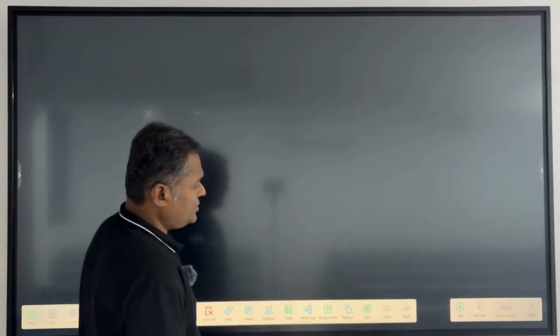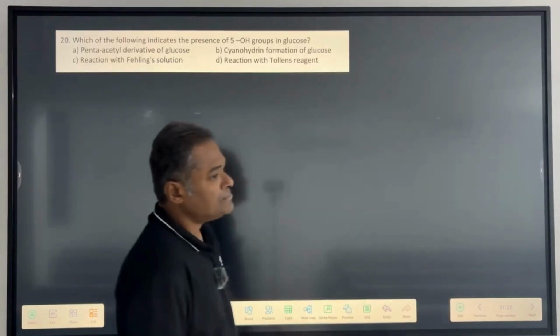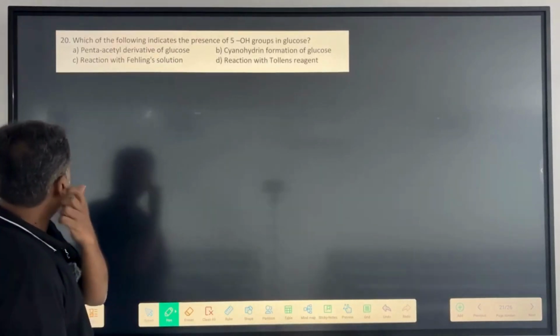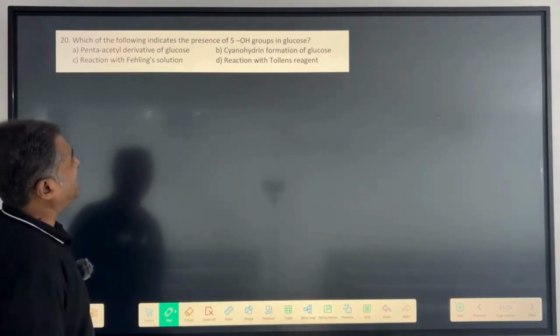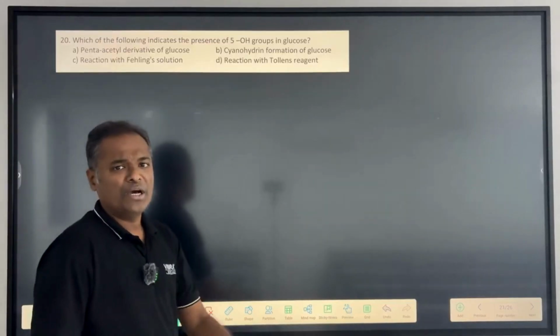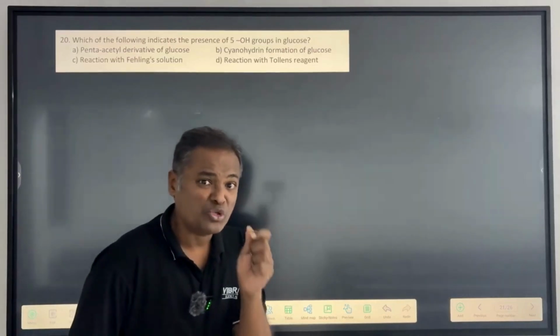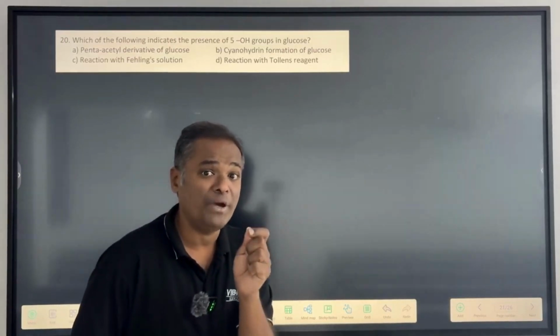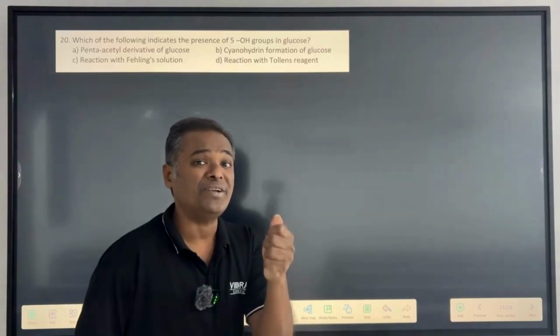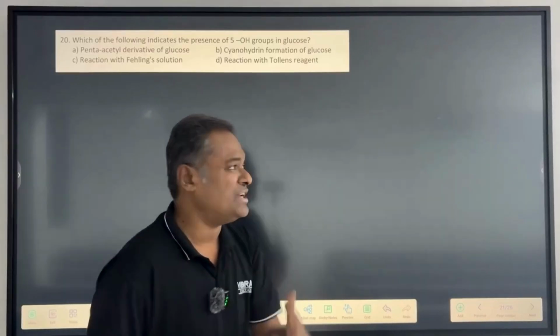Now the next question we have is this one. Which of the following indicates the presence of 5 hydroxy groups in glucose? This is a very straightforward question. The presence of 5 hydroxy groups in glucose was detected by the evidence of the acetylation reaction.